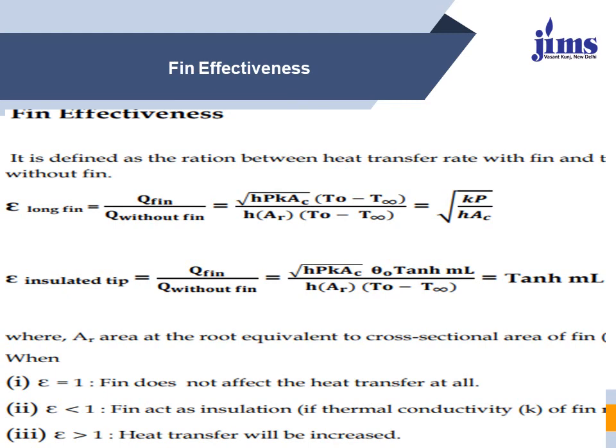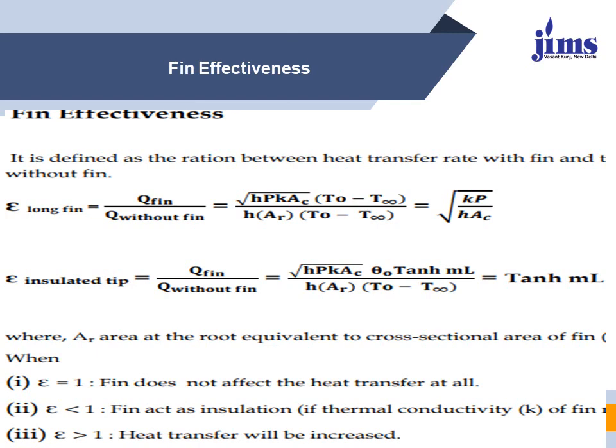The next is, the use of fins is only justified where the heat transfer coefficient h is small, or we can say if the value of h is very large, then the fin may actually produce a reduction in heat transfer rate.